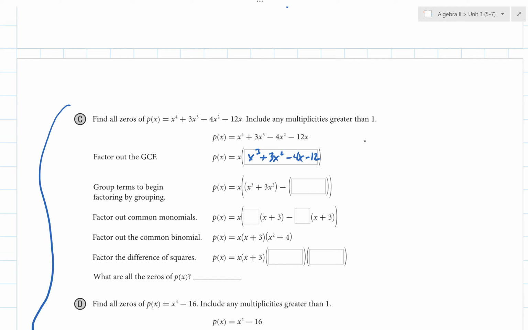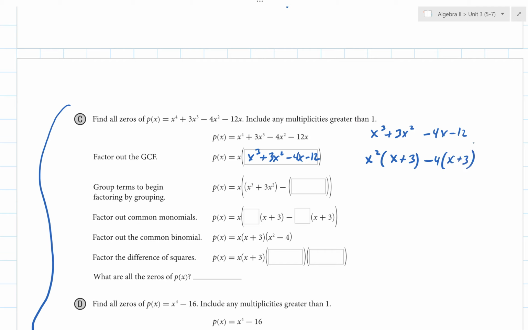Grouping doesn't always work, but we can always try it. So if we group those together, in the first group, x cubed plus 3x squared, I can factor out an x squared, and that leaves me with x plus 3. And then in the second group, negative 4x minus 12, I can factor out a negative 4, and what's that leave me with?